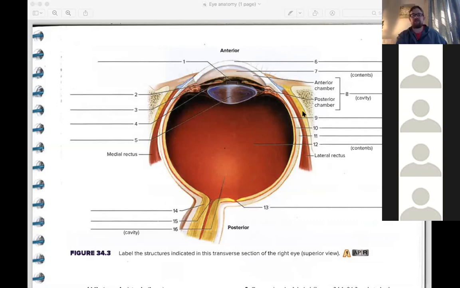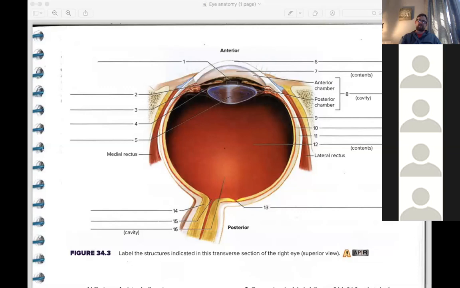The last part that I'm going to talk about in the outer tunic is, I believe, number 11 here. You can see it's a little farther down from my arrow. Number 11 is the sclera of the eye. This is the white part of your eye. If I were to say touch your eye, this is probably one of the first parts that you would actually touch. The sclera is important for a couple reasons.